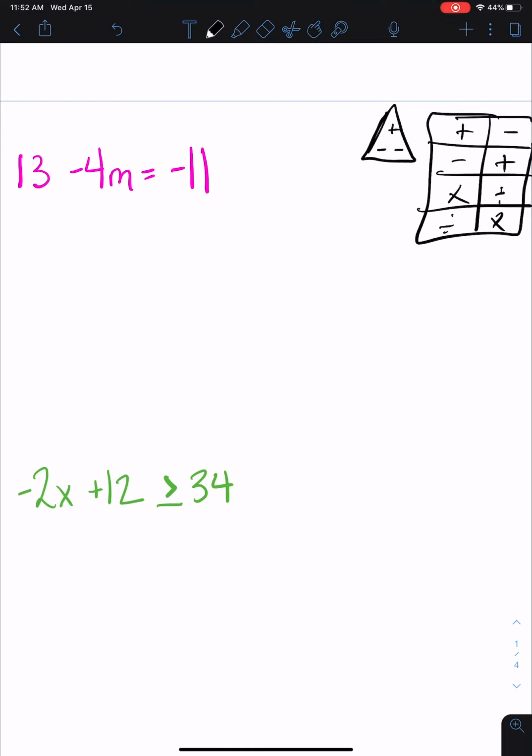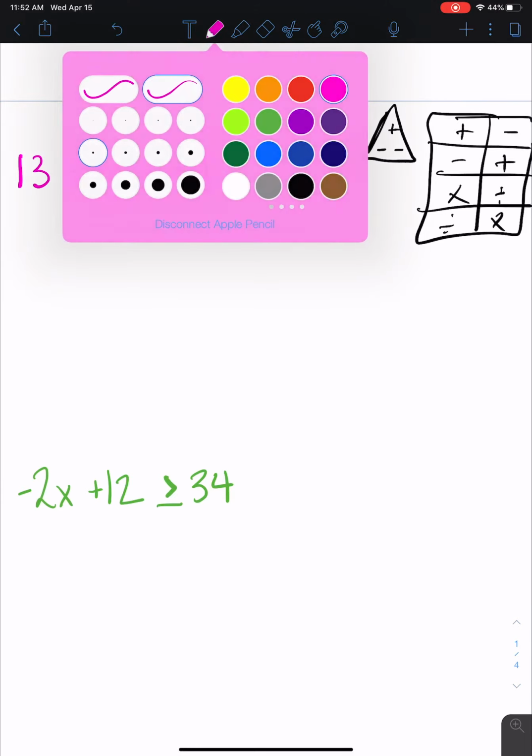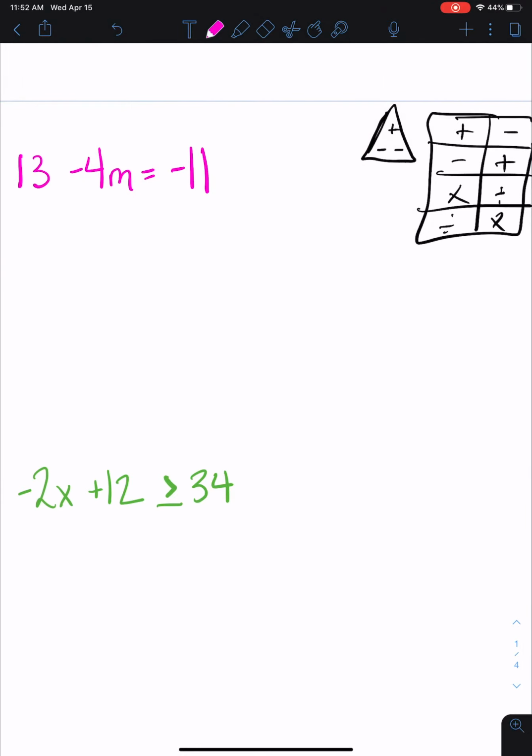All right, inverse operations, I need to isolate the m this time. That's my variable. So I have a positive 13 over here. In order to move it to the other side, I need it to be 0. So I'm going to subtract 13. 13 minus 13 is 0. Negative 11 minus 13. This is where we struggle. You guys can use a number line to help you, or you guys can use your addition tricks.